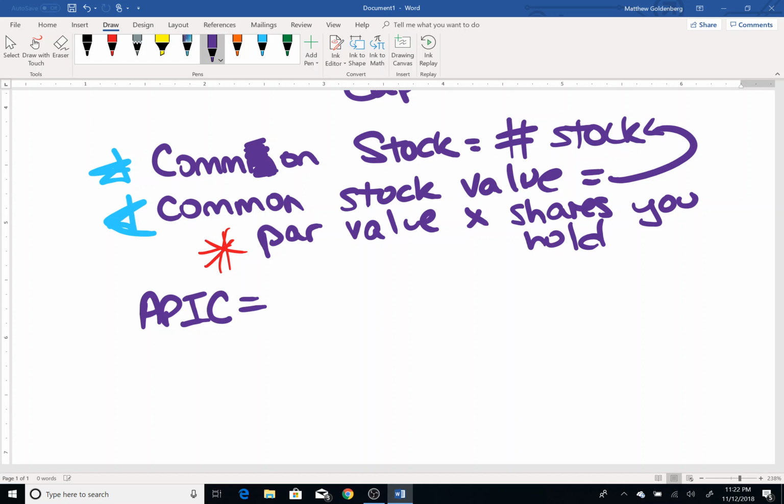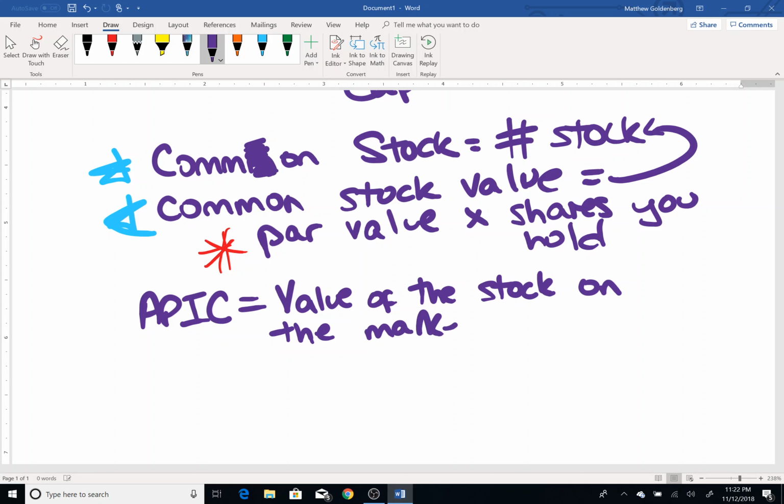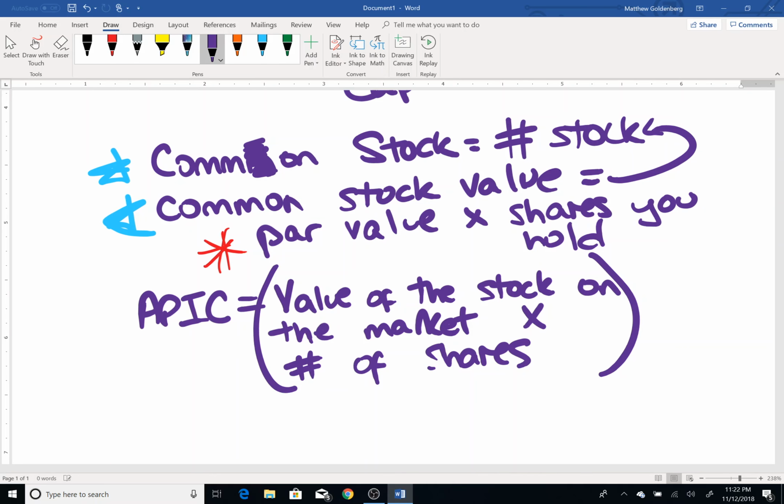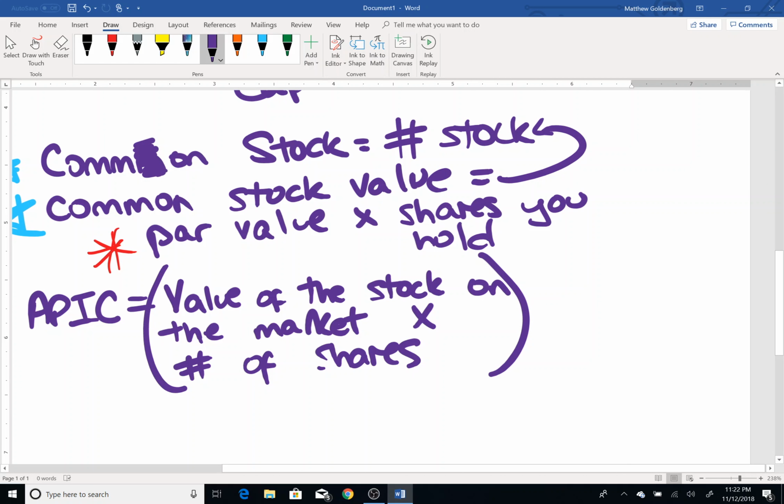This is equal to the value of the stock on the market times number of shares, that value minus common stock.